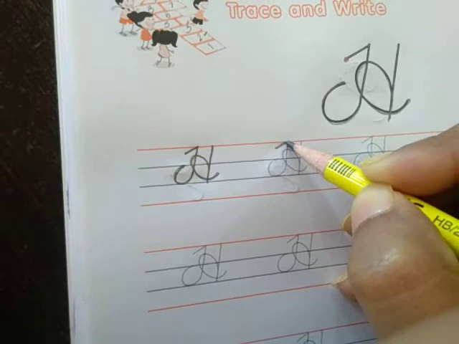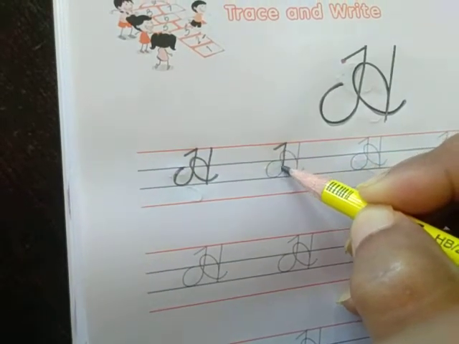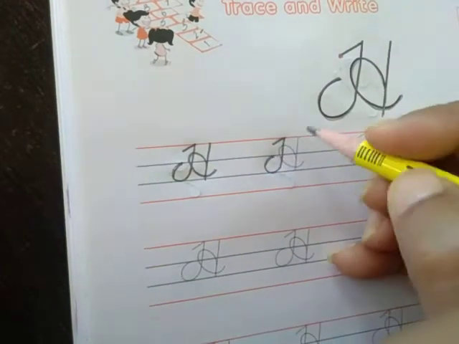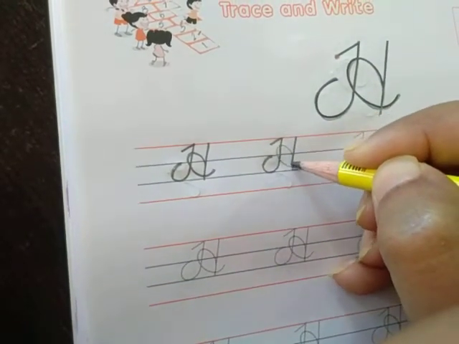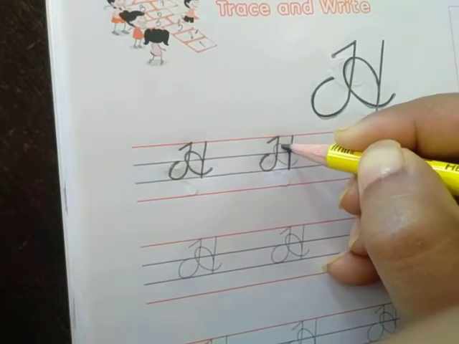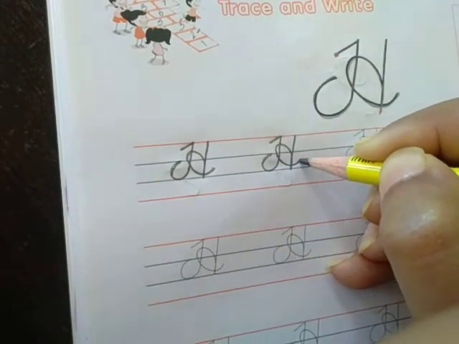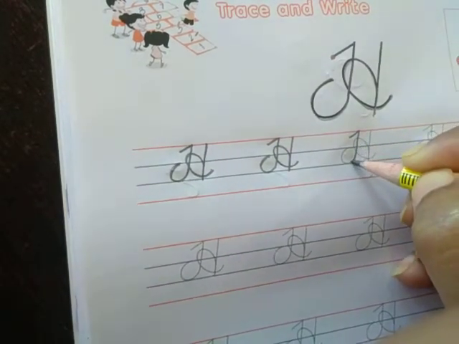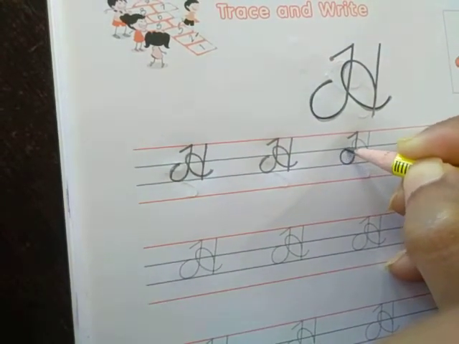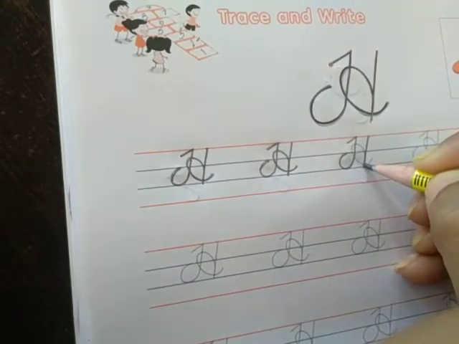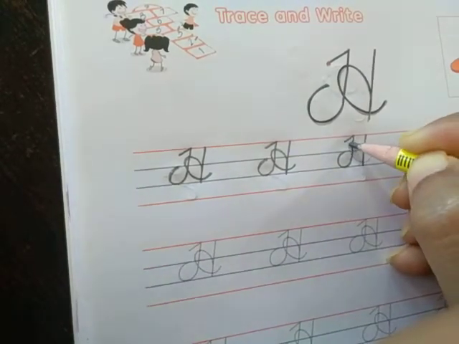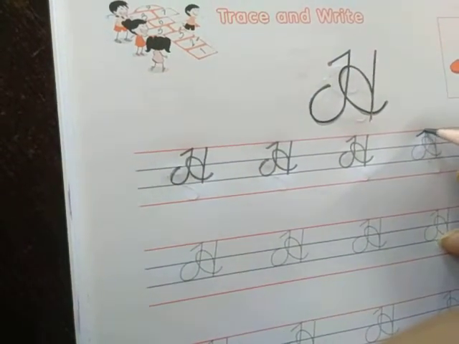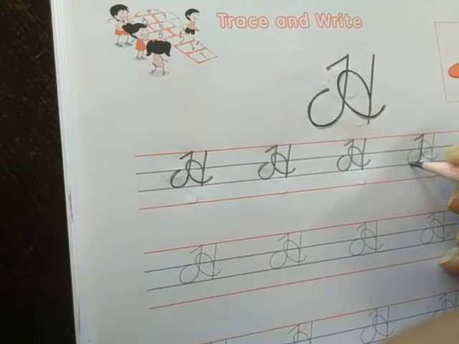Slanting line up, come straight down, a curve, come straight down again, and from here you have to make a loop, H. Trace as slowly as you can.